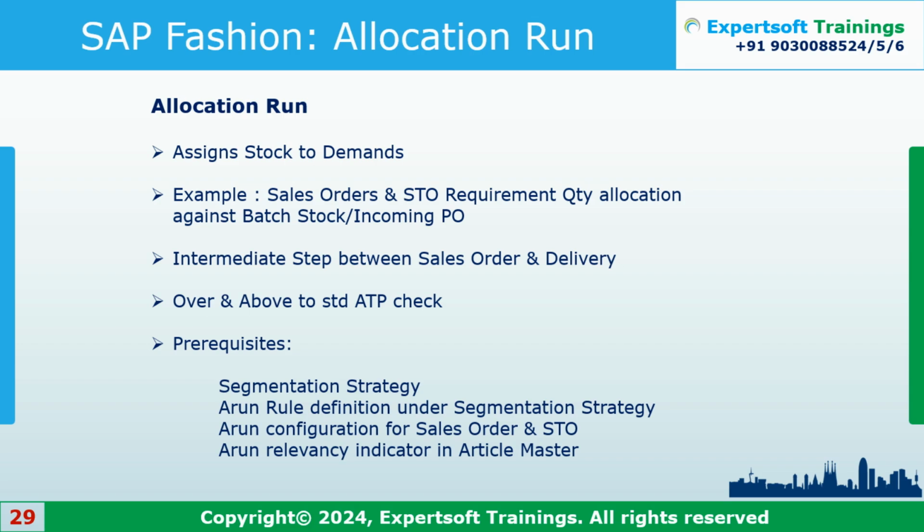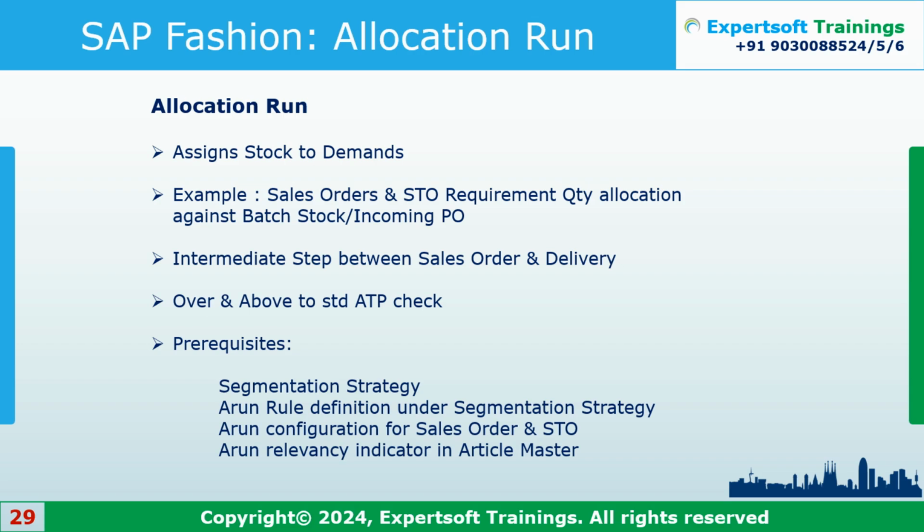So allocation run typically is used for the assignment of stock to sales order and stock transport order, and it adds one step in the SD cycle. So the typical standard flow of SD cycle is sales order, then delivery, then PGI, and then billing. Now, if you have enabled allocation run in fashion, which is most of the case, then after the sales order creation, you cannot create the delivery until and unless you have executed the allocation run and exclusively assigned the stock to the sales order, even if you are having stock.